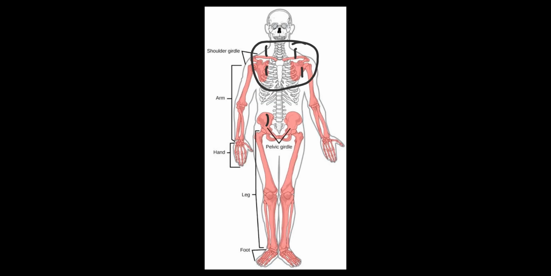That will make up the entire appendicular skeleton. So 6 bones are left to study: 2 bones constituting the pelvic girdle and 4 bones constituting the shoulder girdle. I hope you have understood that much.